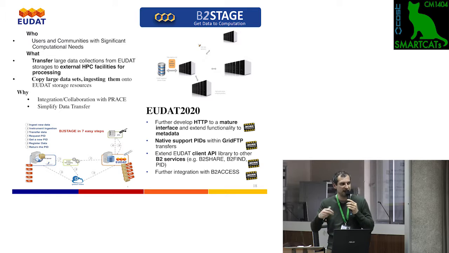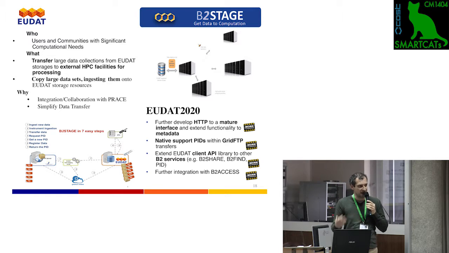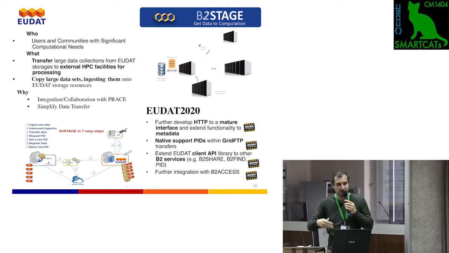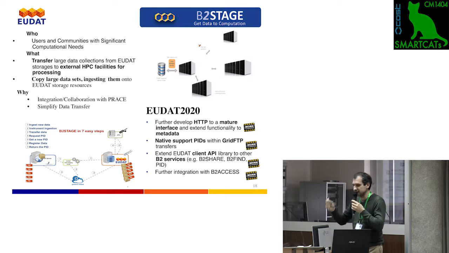They need to move their data around the computational centers, so they need to make some computation and then ingest data into EUDAT. It can happen that the computation center and the EUDAT center are the same center, like Cineca, Jülich, CSC, BSC, the Barcelona Supercomputing Center, and so on. And so B2Stage is designed to move data from one place to another.